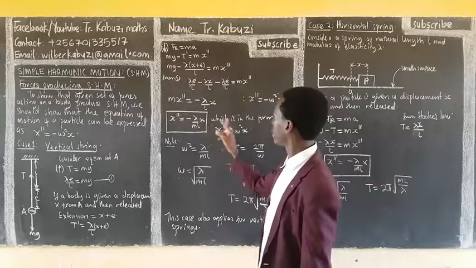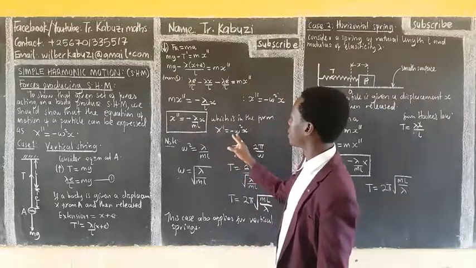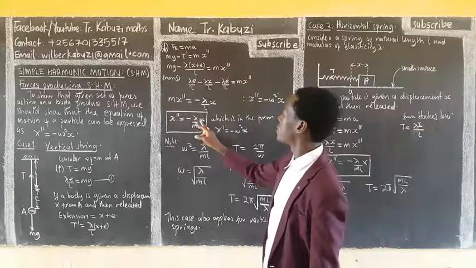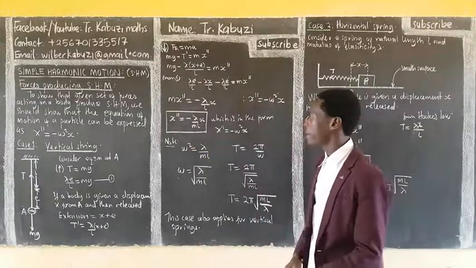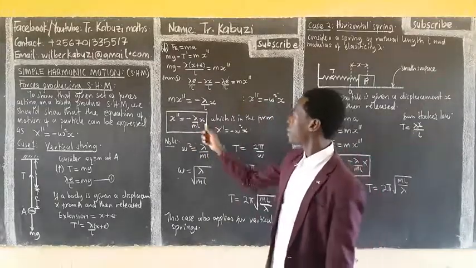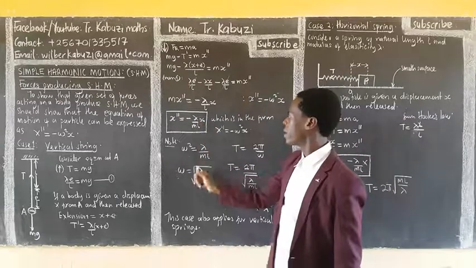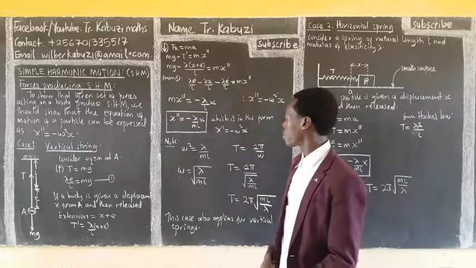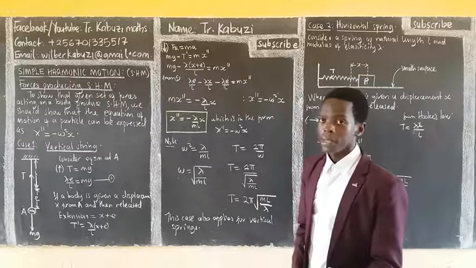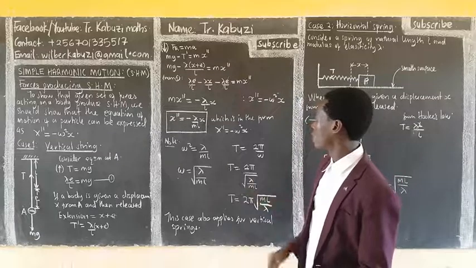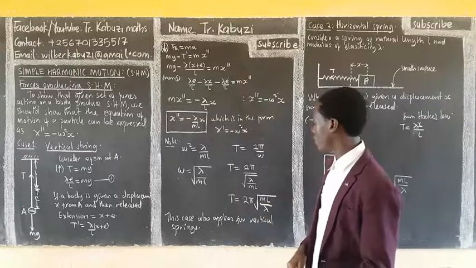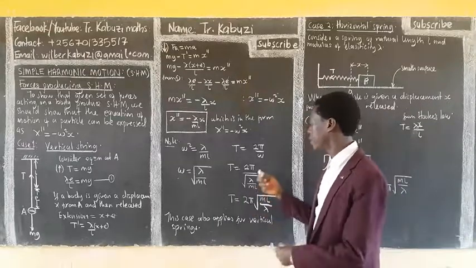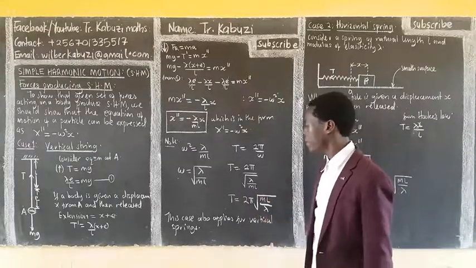This is in the form of x double prime equals negative omega squared x, implying that the whole of this coefficient is omega squared. If you want to get omega, you take a square root. But I know that the period is given by 2 pi over omega, the angular velocity. If you do that and take the reciprocal, that's what we shall be having.